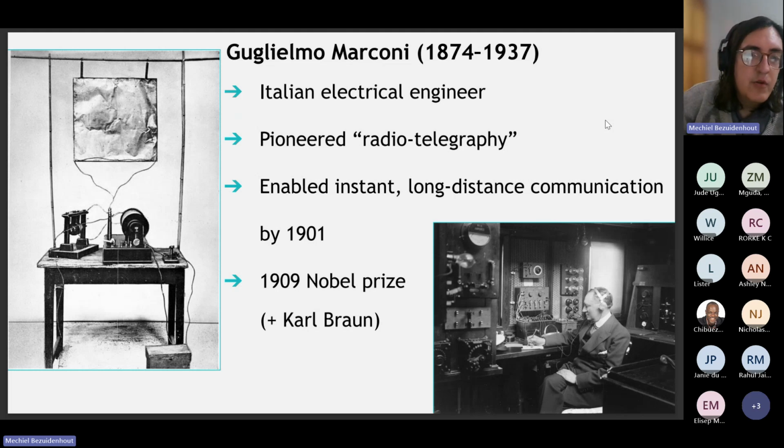So he greatly improved on transmitter and receiver technology to the point that by 1901, they could do long distance instant communication. 1901 was the first year that they transmitted a message from the UK to Canada. And in 1909, he won a Nobel Prize for that work, along with Carl Braun.